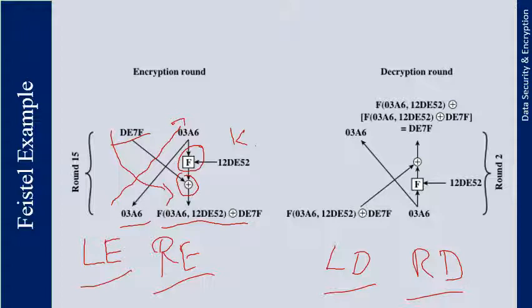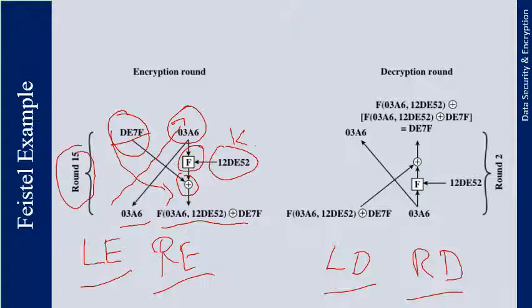So our end result is the f function of this input with this key, exclusive OR with this input. So this represents round 15 of your algorithm.